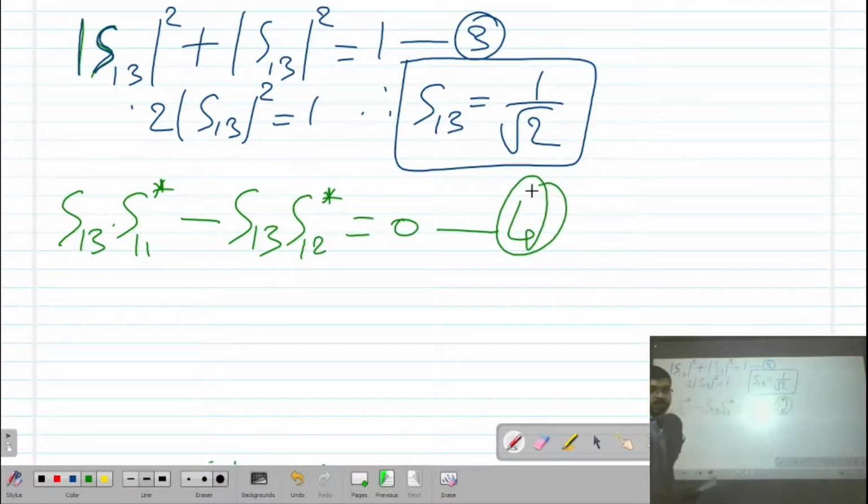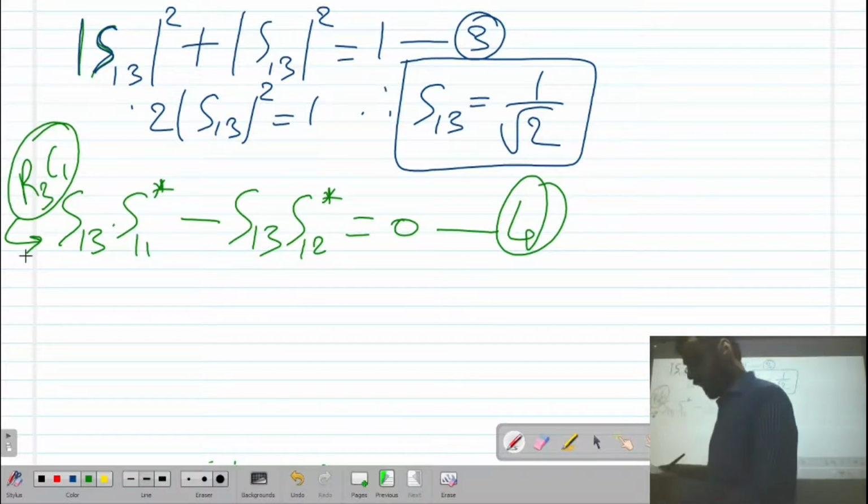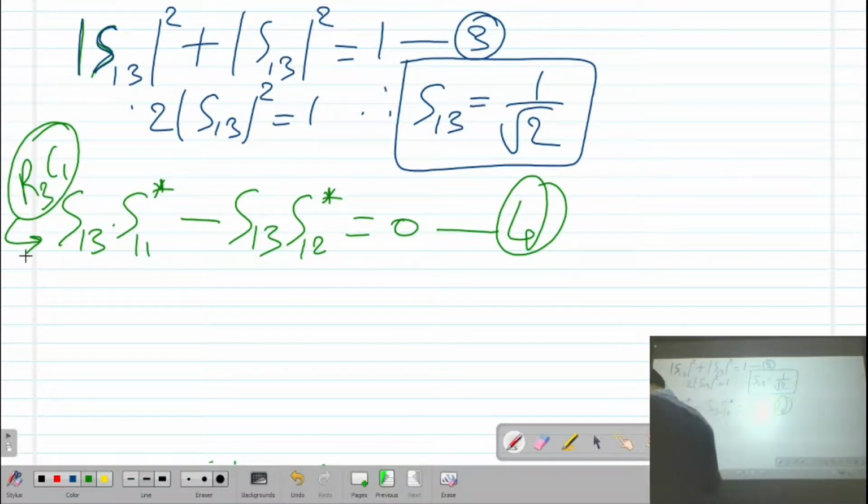This is equation number 4, due to row 3 column 1.